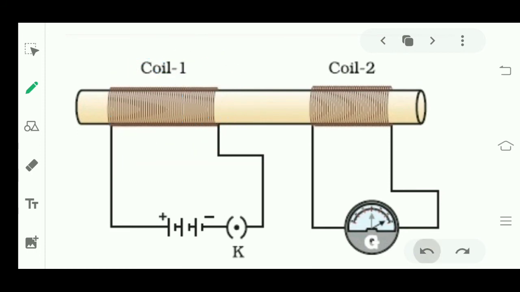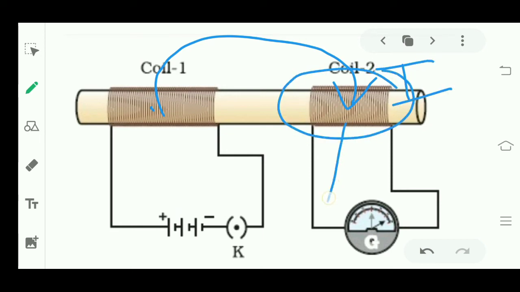Due to this change in magnetic field, an induced EMF generates here, and because of induced EMF, induced current will also be there, and this current will be detected by this galvanometer.